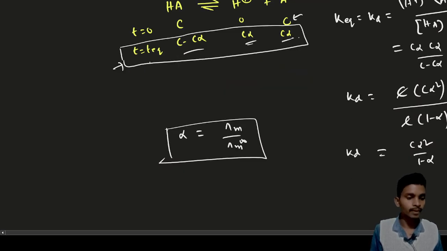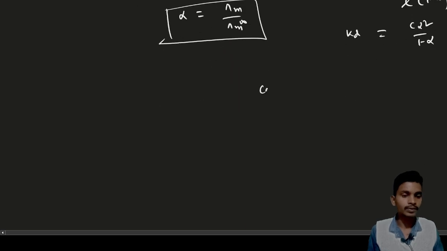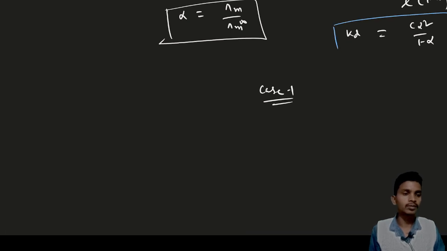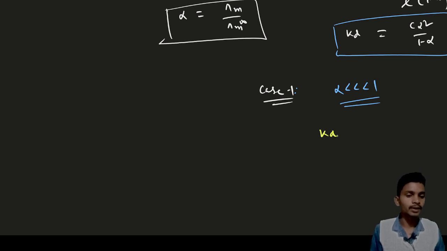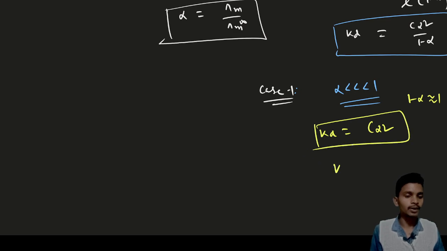If I take case 1, most of the time alpha is very much less than 1. If that is satisfied, then 1 minus alpha is nearly equal to 1. So we write Kd equal to C alpha square.